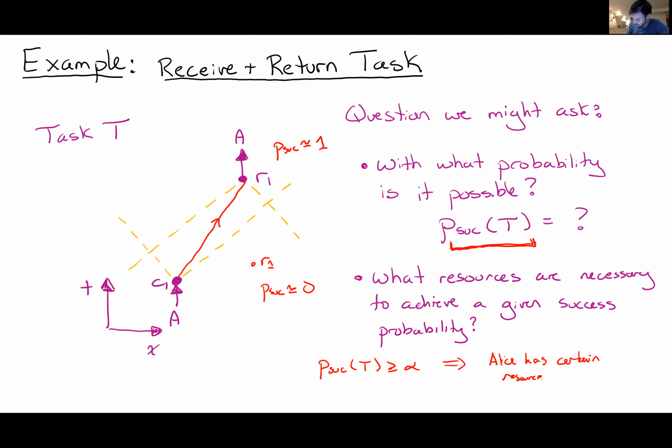Okay. And the resources here might be something like certain classical information, or maybe entanglement distributed in spacetime in a certain way, something like that. Importantly, the resources are not just what Alice has, but also when and where she has them, right? Because when and where she has them, they can be more or less useful for actually doing the task.